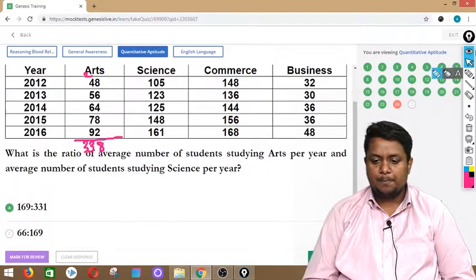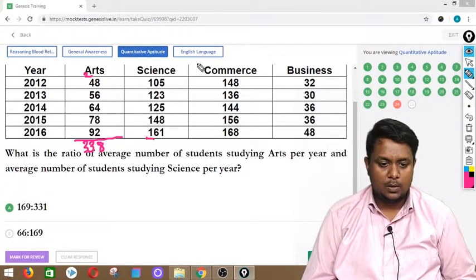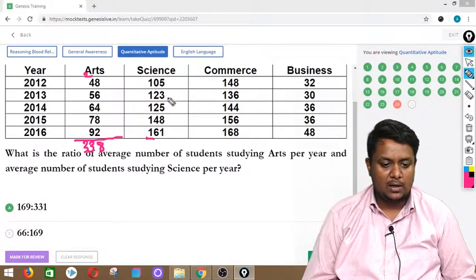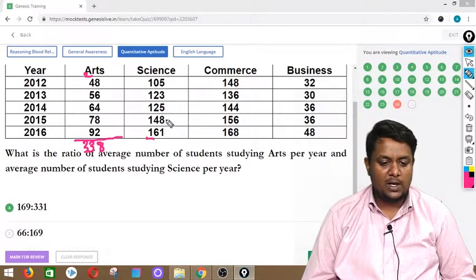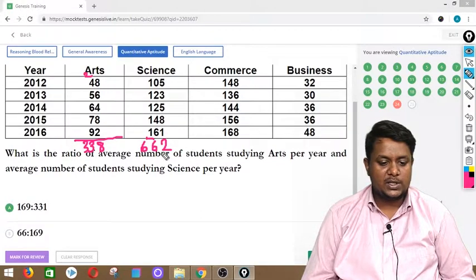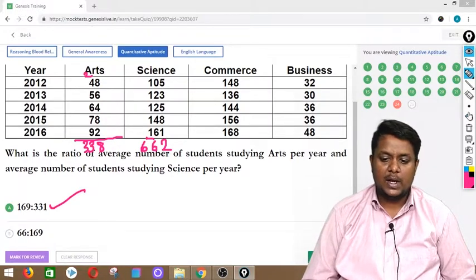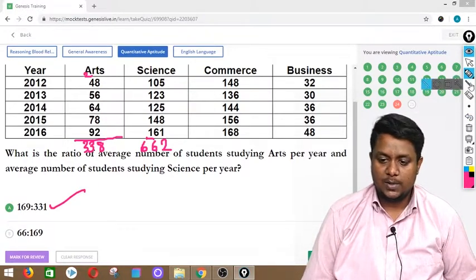Science, we will add the number of students in science, that is, 5, 3, 8, 8 and 5 again 13, 8 is 21, 22 ends in 2, and 2, 4, 6, 10, 16, and 6, 662. 662 divided by 2 is 331. So option A is the right answer. We can mark that and move on to the next question.